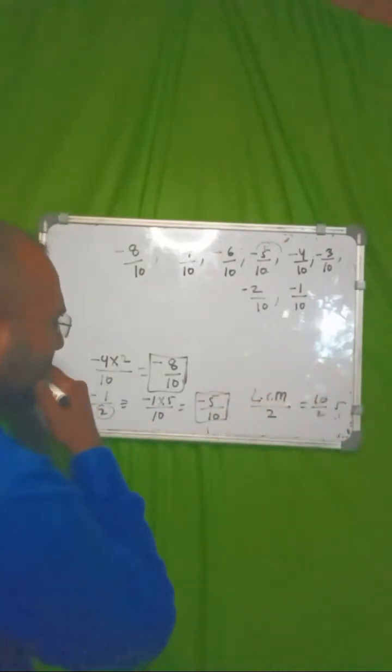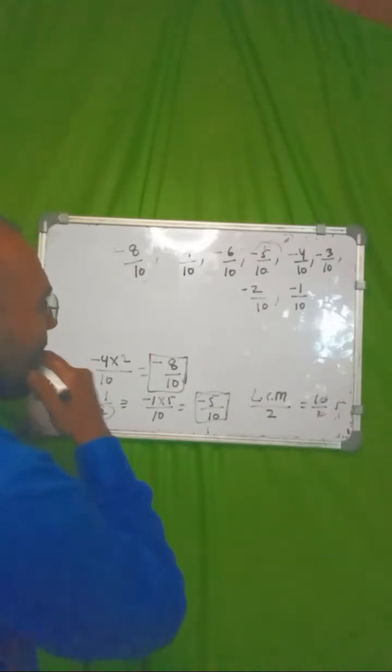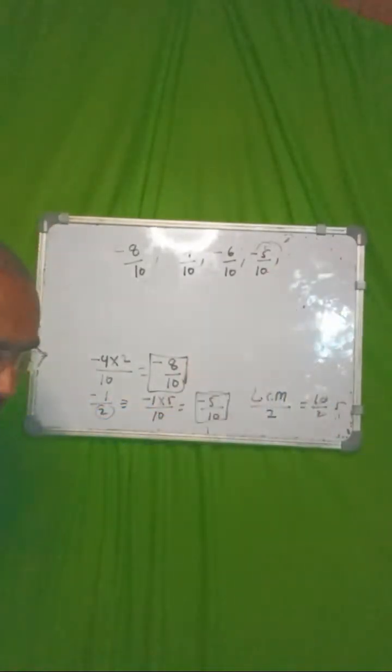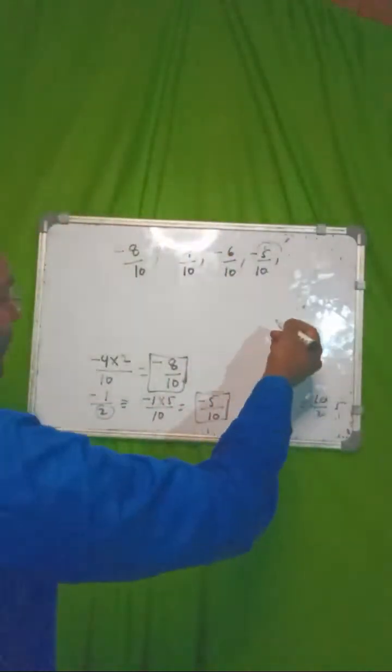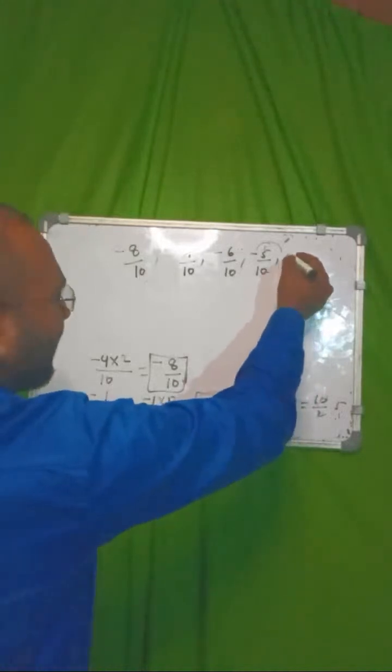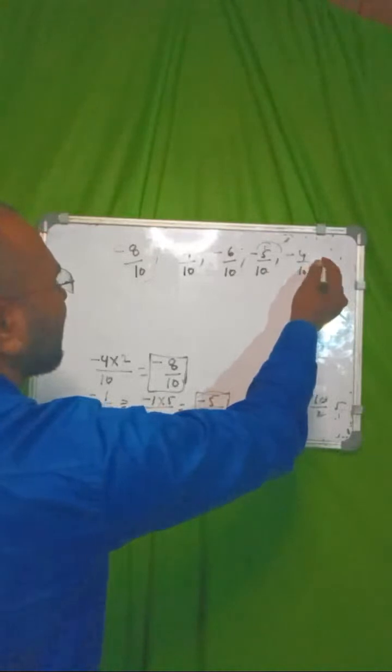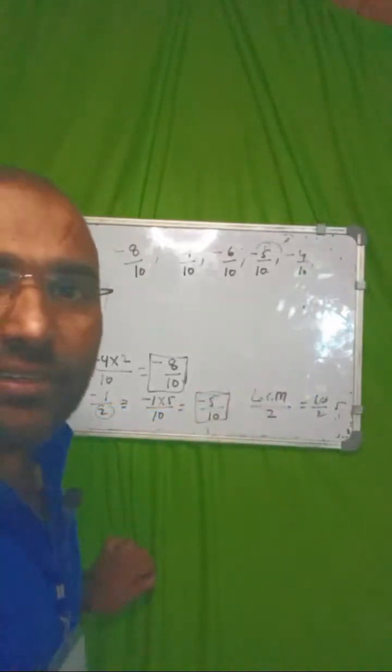Is this clear? We have to write only up to this. Minus 5, then the next one will be minus 4 by 10. Is there any confusion, guys?